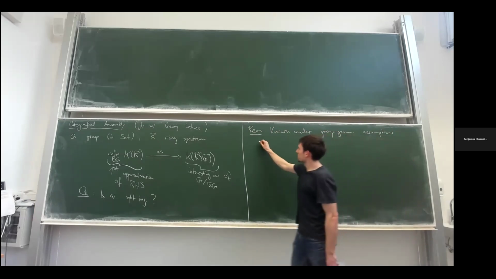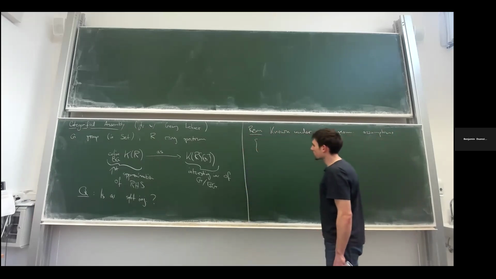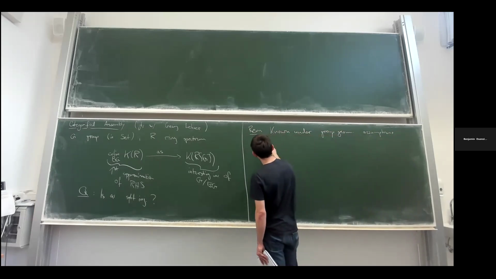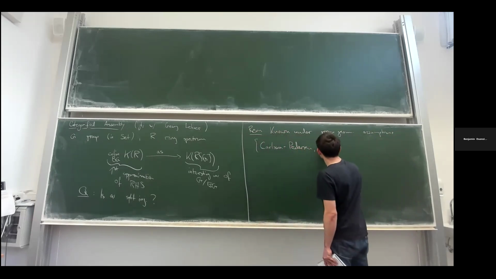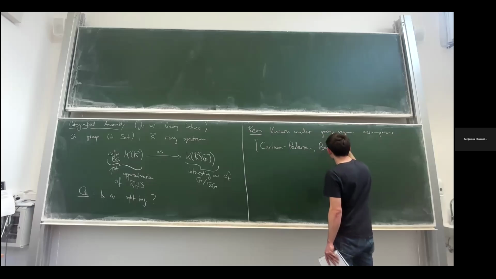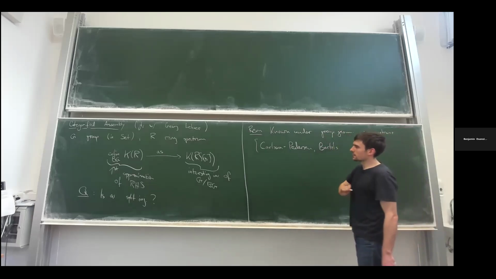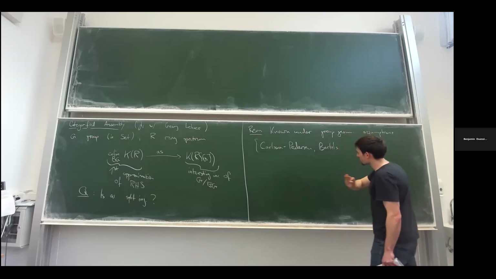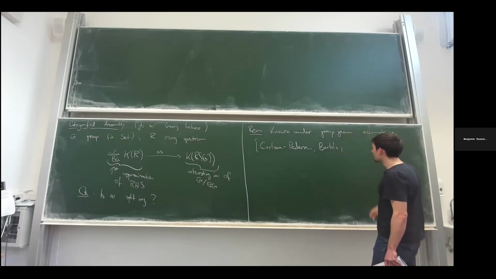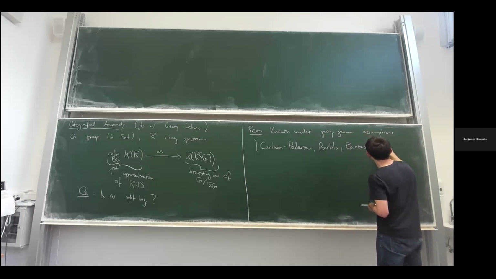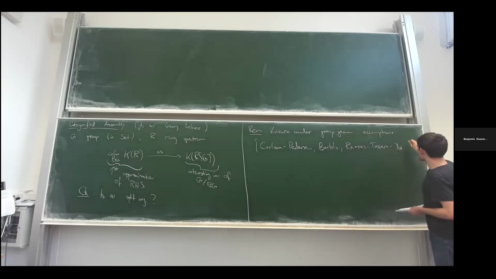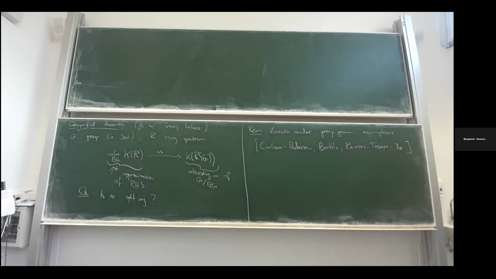Here, let me mention a couple of important steps in this. So a first step was by Carlsson-Pedersen, and then Arthur Bartels proved this under the assumption of finite asymptotic dimension for G, and Ramón Sierra proved this under a notion called finite decomposition complexity.